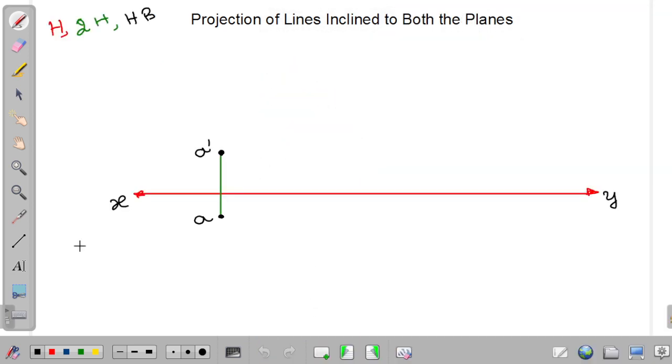So here we have to draw a line AB, which is going to make a certain inclination. Here it is going to make theta degrees.